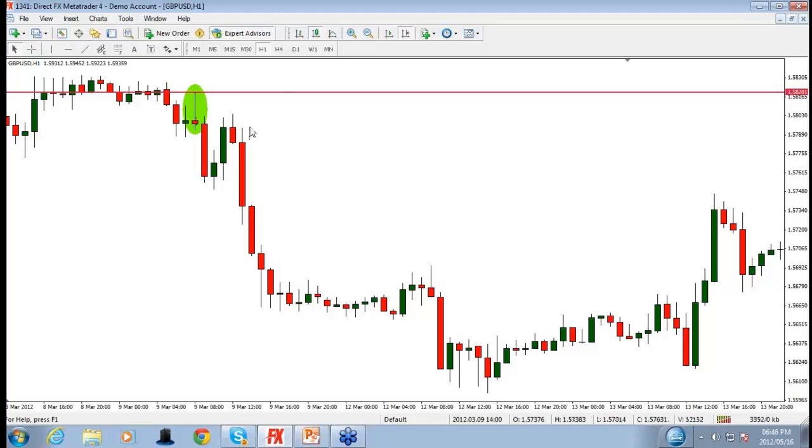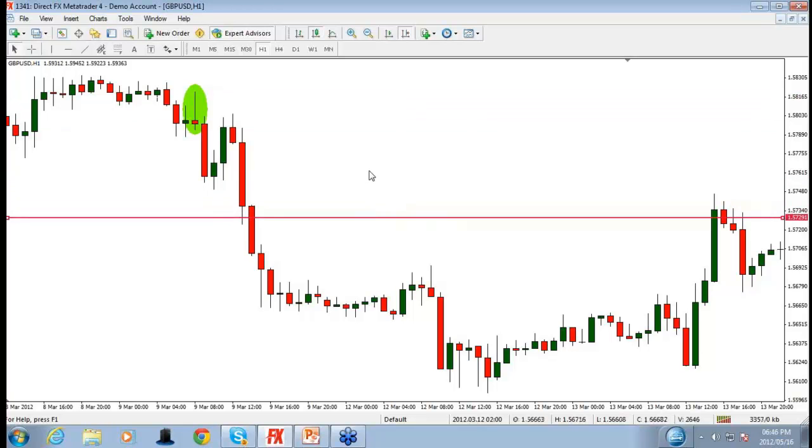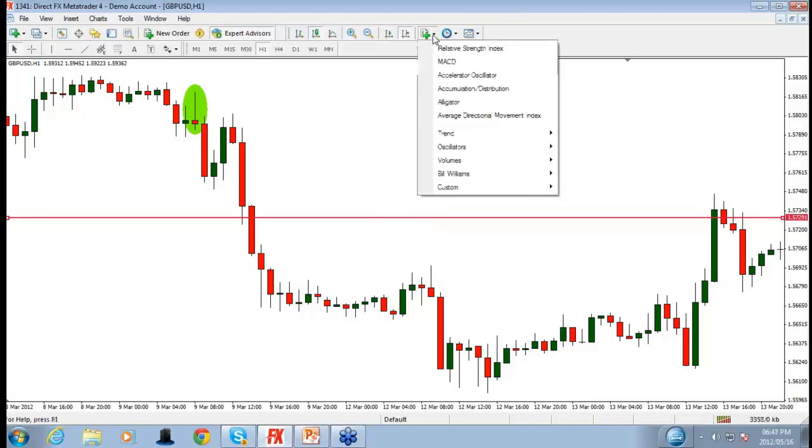So let's say you've got this one here. I'm going to use this line here. The first thing you do in the rules is, if you find a downtrend, and this is a downtrend, then you find a pin bar. I'm going to move this line out of the way. The only indicator that I use for this system is the EMA, the exponential moving average.